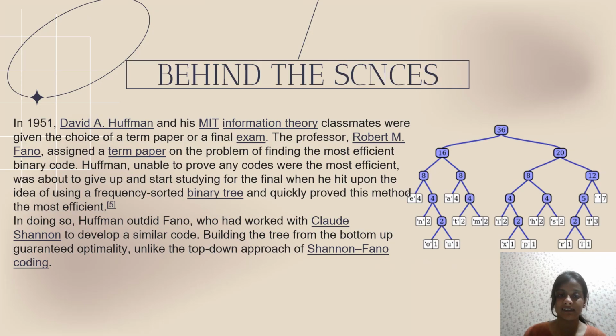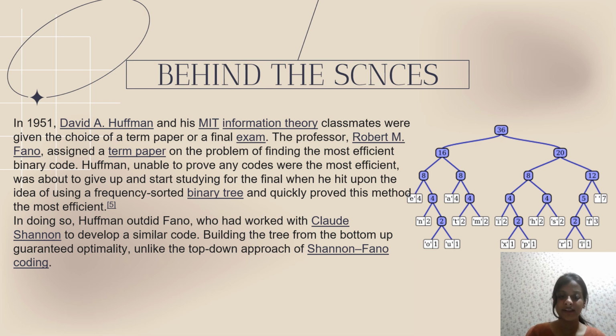Heading towards the next slide, that is behind the scenes. In 1951, David A. Huffman and his MIT information theory classmates were given the choice of a term paper or a final exam. The professor, Robert M. Fano, assigned a term paper on the problem of finding the most efficient binary code.